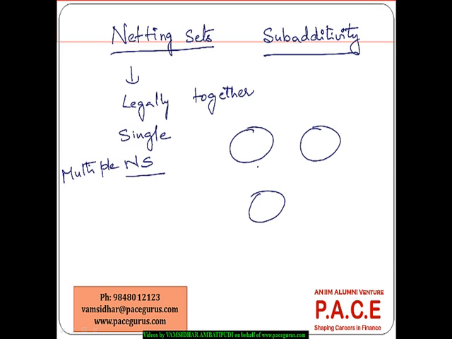What we are simply saying is, across the netting sets, the exposures are simply additive, whereas within the set, we are considering the mark-to-market values. So the positives are offsetted against the negatives and vice versa.